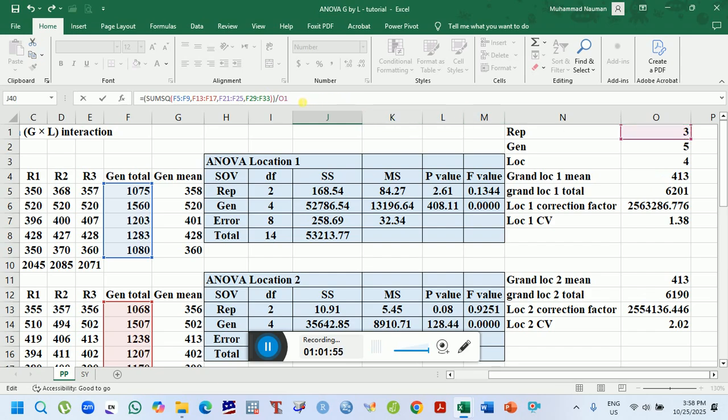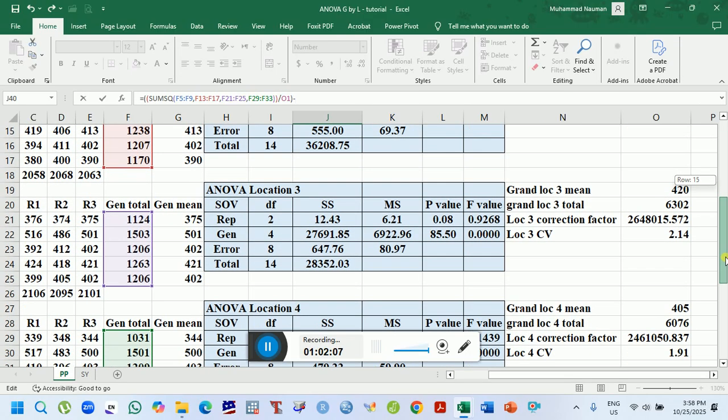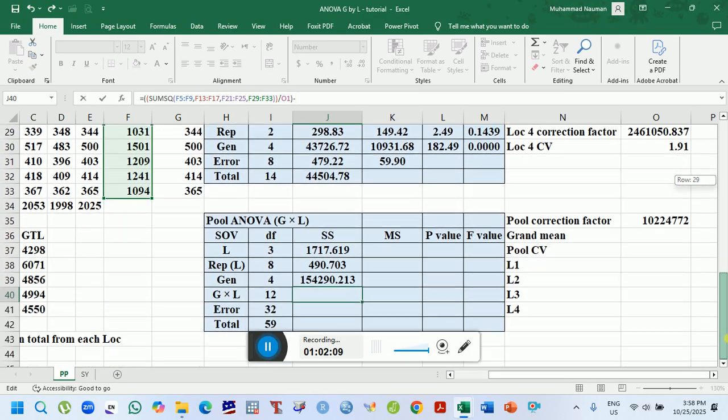Again minus correction factor, and this whole term will be again reduced by location sum of square and genotype sum of square.